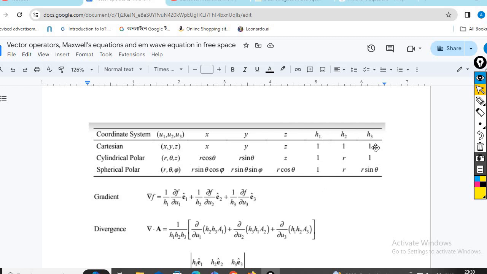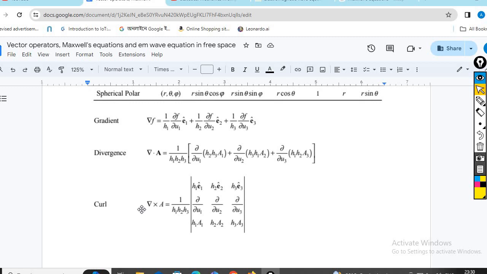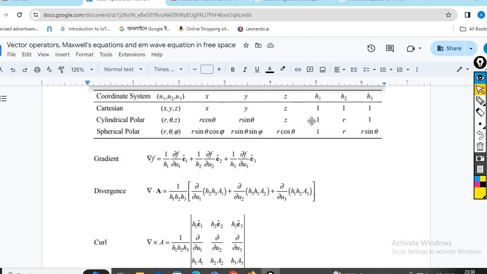For the Cartesian coordinate system, this is 1, 1, 1. For the cylindrical coordinate system, it is 1, r and 1. And for spherical, this is 1, r and r sine theta. And this is the general expression for the operators: gradient, divergence and curl. If you want to write it for the Cartesian coordinate system, all h values will be equal to 1. But if you write it for the cylindrical coordinate system, our h2 value will be equal to r.